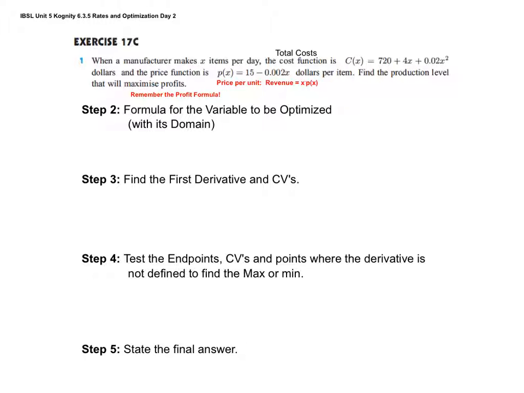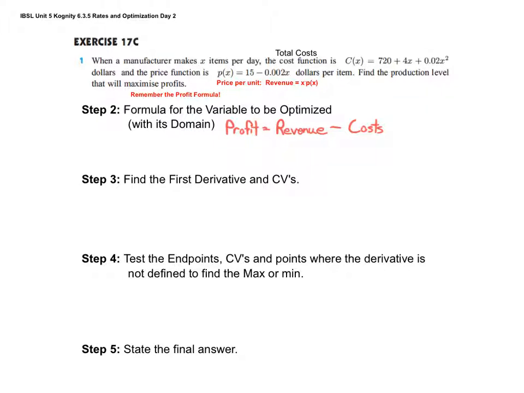However you think of that, that's what you've got to do. To use the language in the problem, we'll say that the profit is going to equal revenue, income, whatever word you want to use, minus the costs.